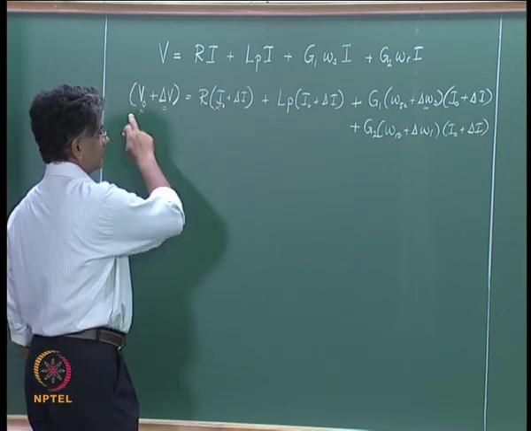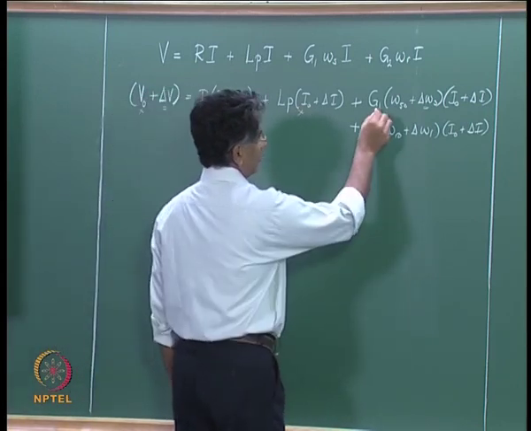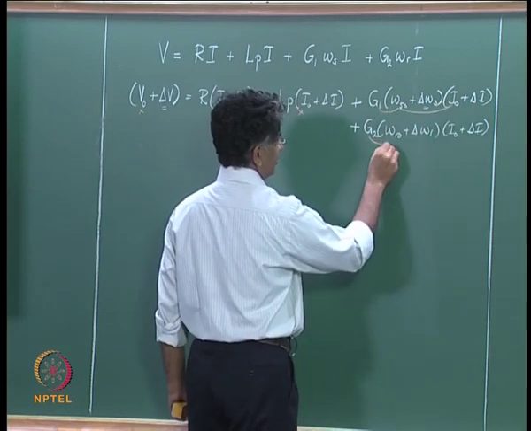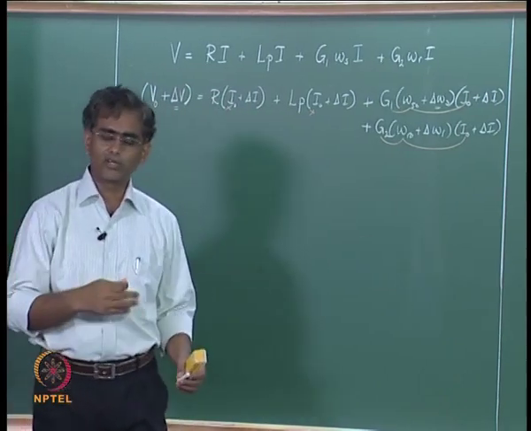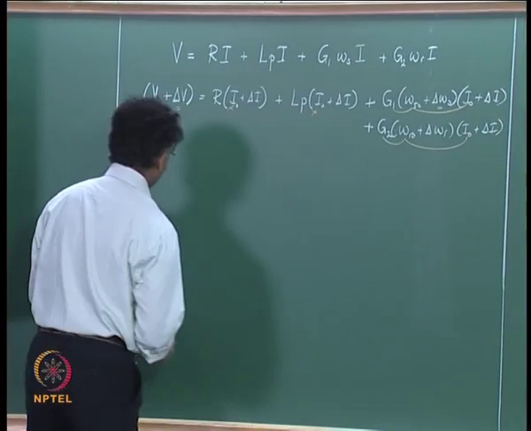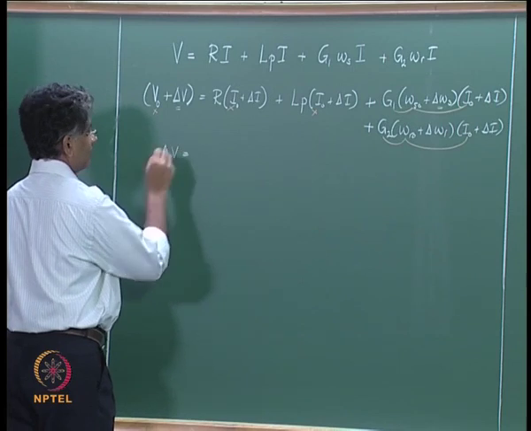V naught is then equal to R I naught plus L P I naught plus G 1 omega s naught into I naught plus G 2 into omega r naught into I naught. So, these terms on the left and the right hand side are equal and hence can be removed from the equation, which then gives us an expression for delta V.